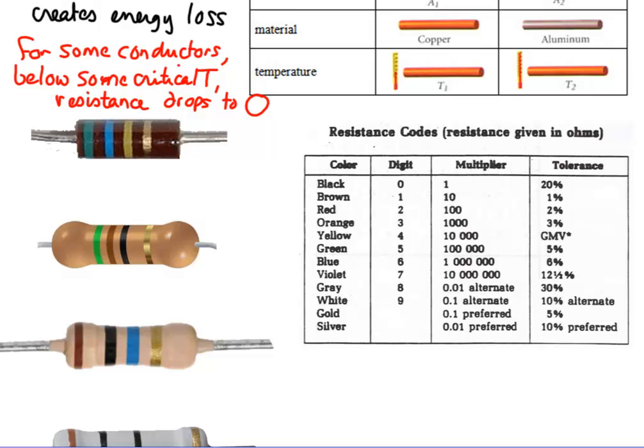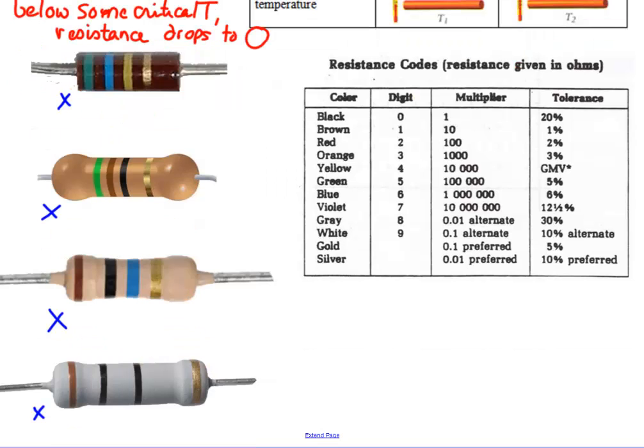When we're looking at resistors, the colored bands always start closest to one end. The first band gives the first digit, the second band gives the second digit in a 2-digit number, the third band gives the power of 10, and the fourth band gives us the percent tolerance. So if we take a look at this, we have green, which is 5.